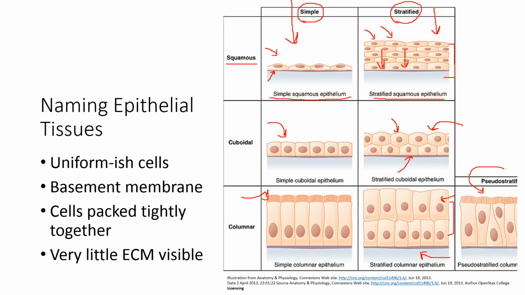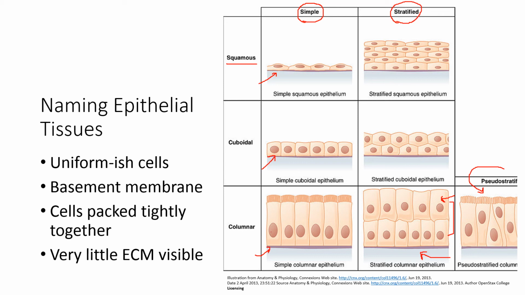If you look over at these other drawings and you look at where the nuclei are, for the simple epithelia, when it's a squamous epithelium, the nucleus is kind of in the middle. Same for the simple cuboidal, but here for the simple columnar, they're all towards the basal surface of the cell.